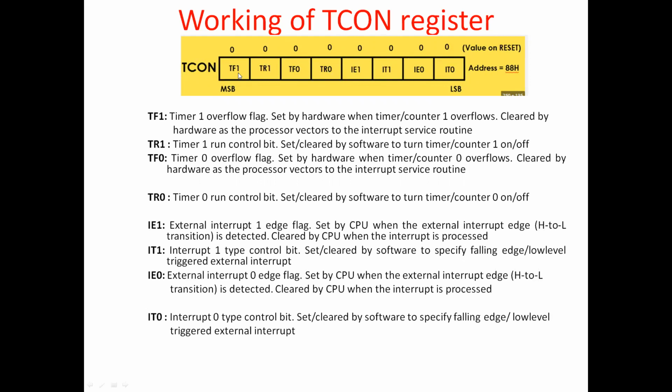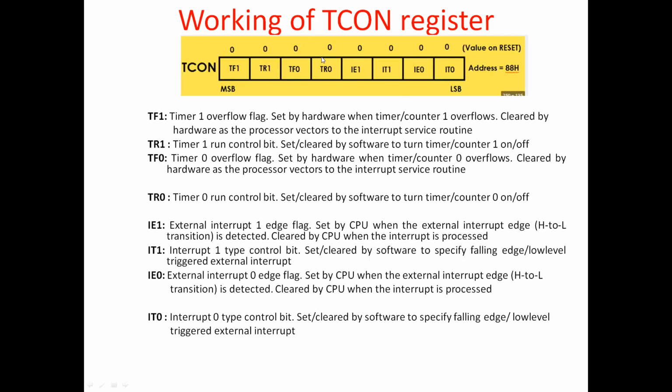So TF and TR: timer overflow and timer run. For timer 0, 2 bits, and for timer 1, 2 bits. If your timer has to count the pulses, this TR bit must be 1.